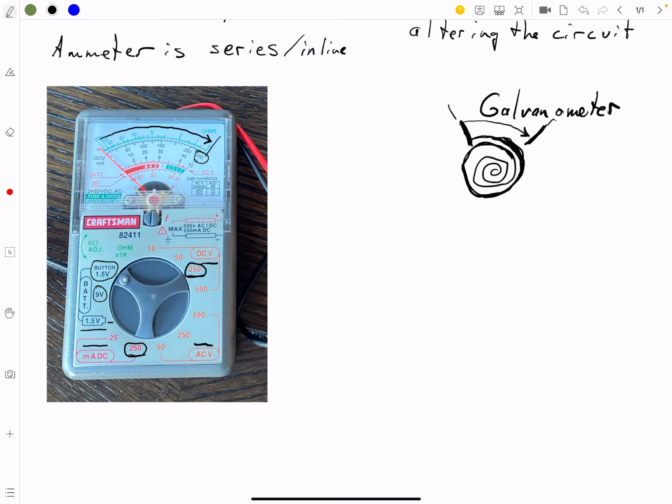Okay. It has an internal resistance that we're going to call RG. It also has a current sensitivity, which we're going to call IG. So RG is, well, let's write that.